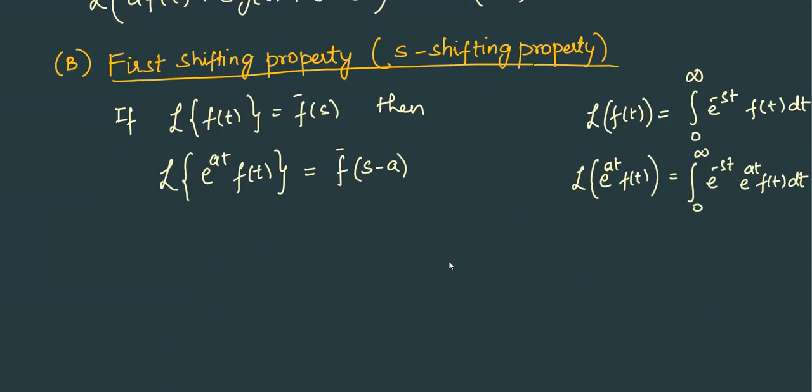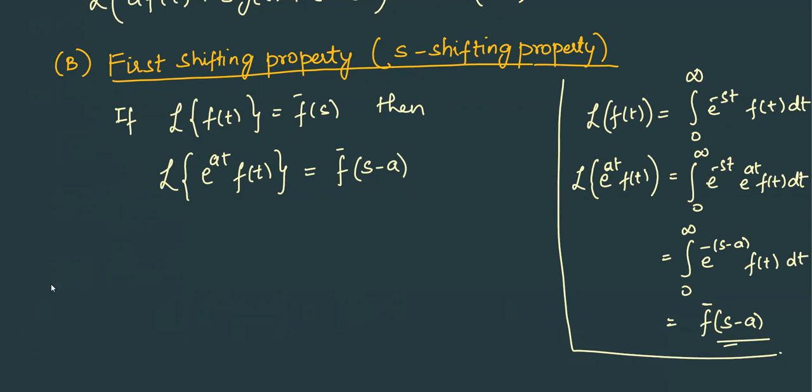Now a is a constant. We are integrating with respect to t. So we can always write this as e power minus s minus a t, f of t dt. So you can replace s minus a by some b, and then you will get the same function, but instead of s, you have b. So you will get a Laplace transform in terms of b. Now that b is s minus a. So f bar of b, and b is s minus a. So this is what you get.